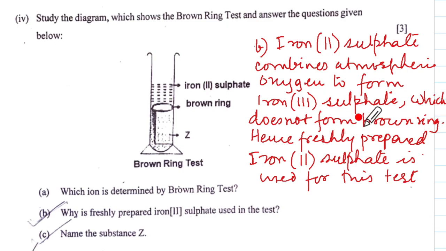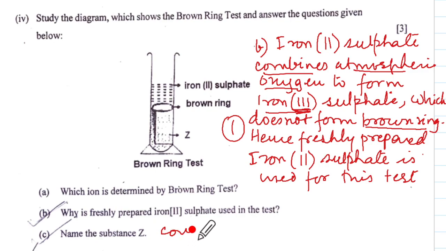And you write all this because it combines on atmospheric oxygen to form iron 3 sulfate, and does not react for the brown ring. Alright, so that is your 1 mark. Then name the substance Z. Right in the beginning, what did we say? It is concentrated sulfuric acid. That finishes our question 5.